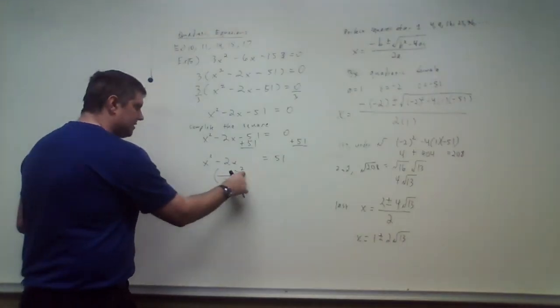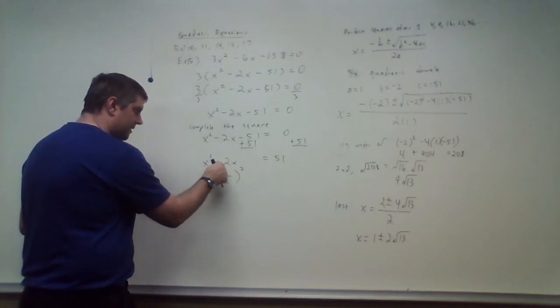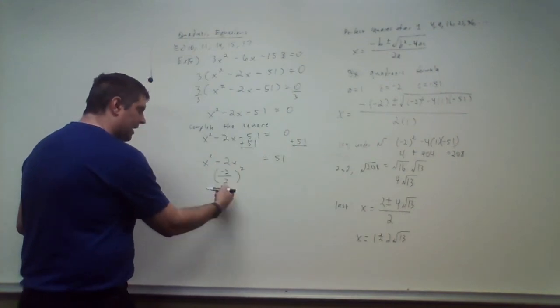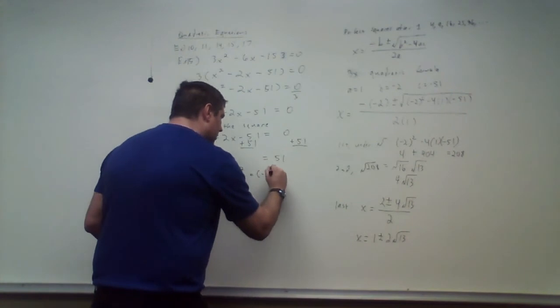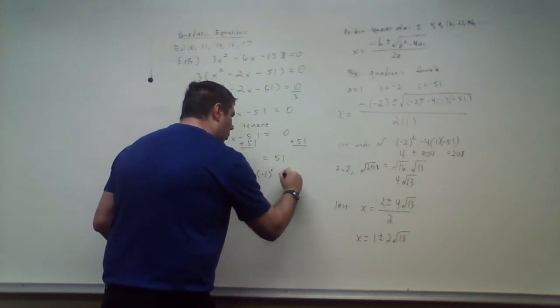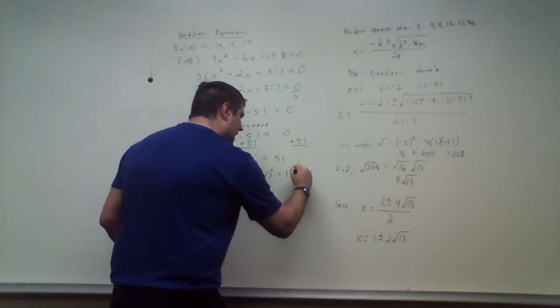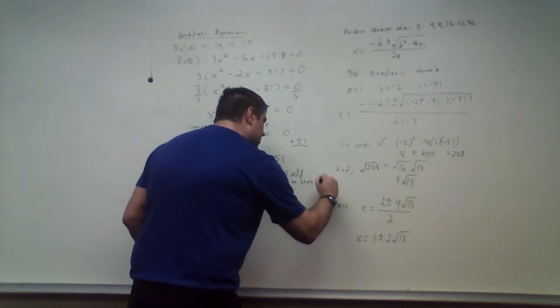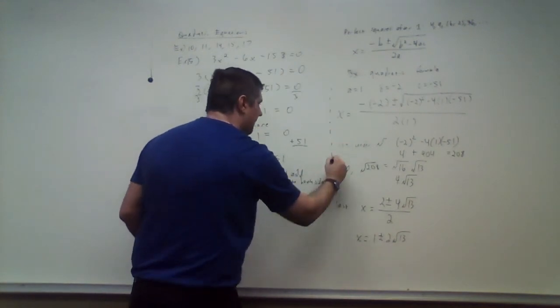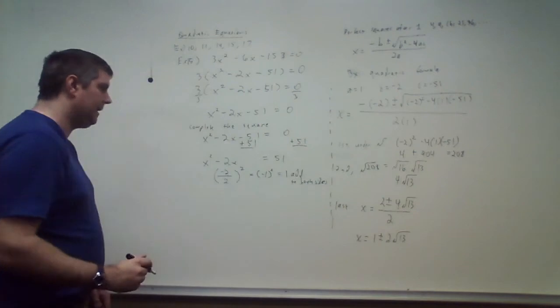You're going to be cutting something in half and squaring it. You'll be taking the negative 2, cutting it in half and squaring the result. That's negative 1. Negative 1 squared is 1. Add to both sides. Okay?